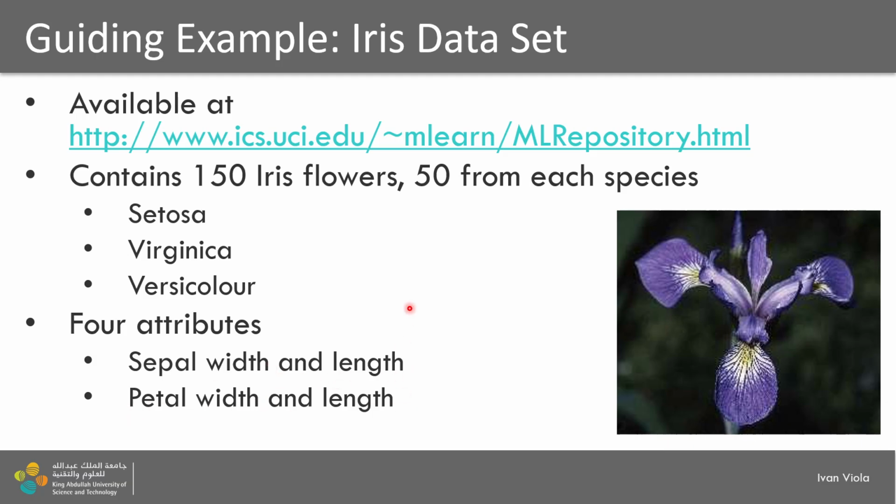And also, one categorical attribute, which is which subcategory of the iris plant has been measured. So Setosa, Virginica, or Versicolor will be 3 different iris plants, which have slightly different sepal width, petal width, sepal length, and petal length.